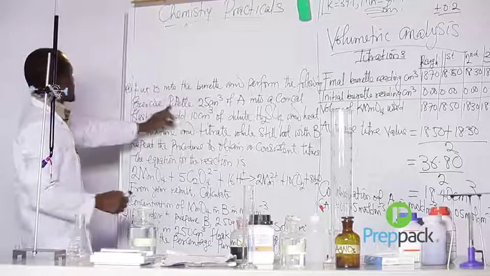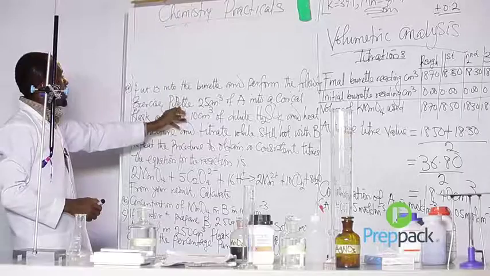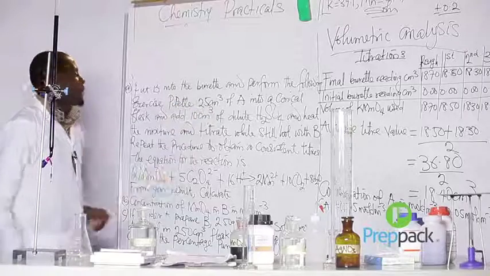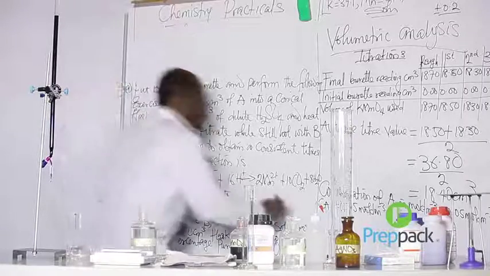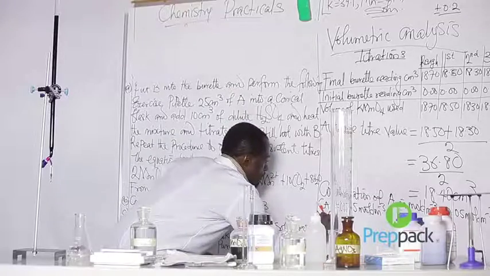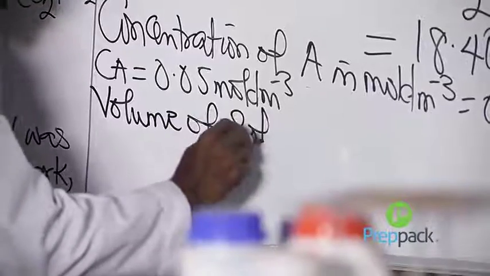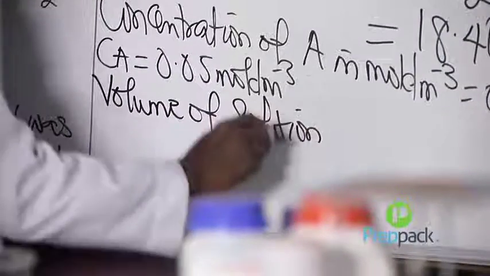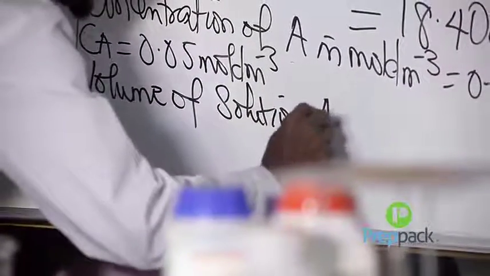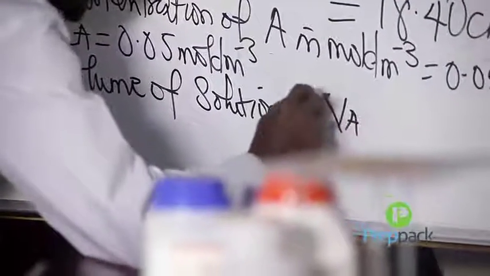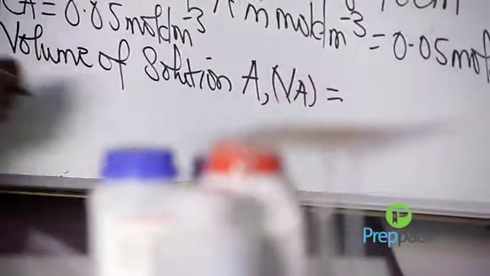Put this exercise into this, okay, pipette 25 cm cube of A. So the volume of solution A, which is our Va, equal to 25 cm cube.